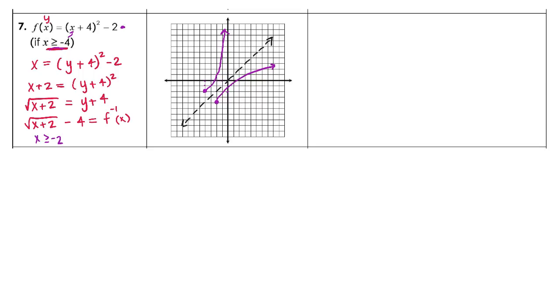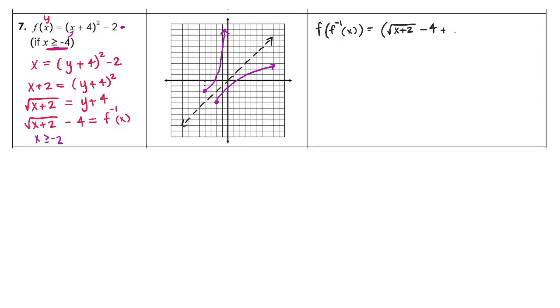Now for our algebraic verification, we need to first look at f of f inverse of x. So we're going to take our original, which was x plus 4 all squared, and inside of that, in place of x, we're going to put our square root of x plus 2 minus 4.